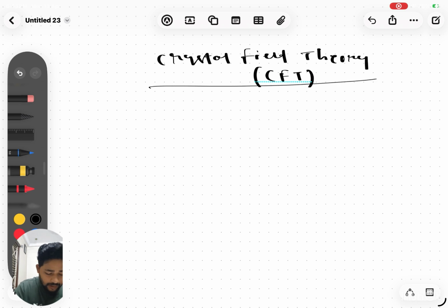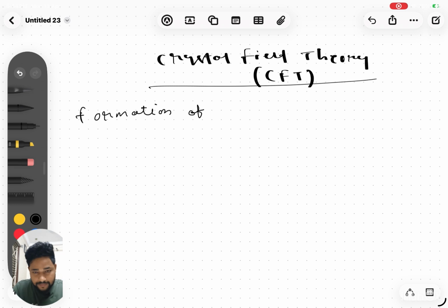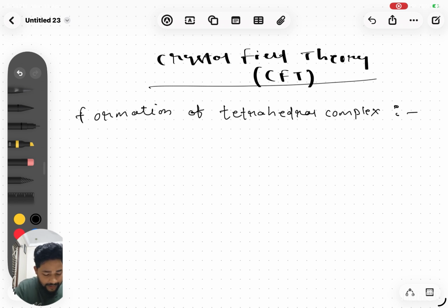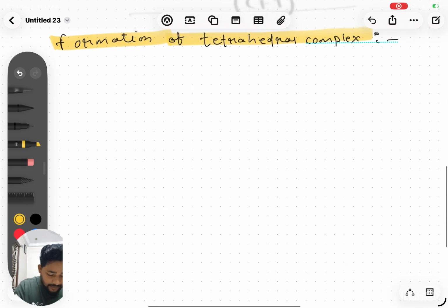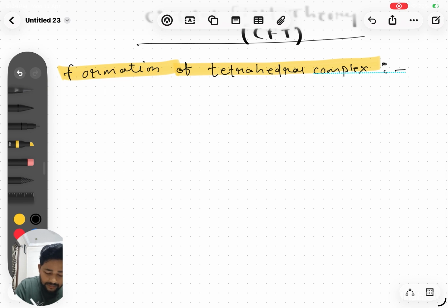In CFT we will discuss particularly the formation of tetrahedral complex, coordination complex.